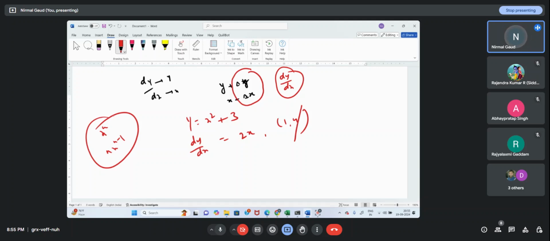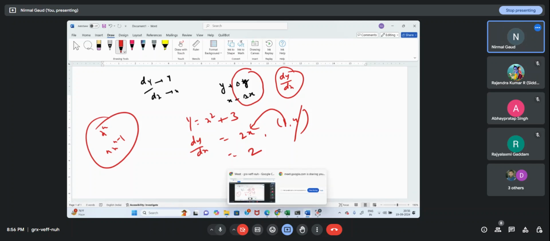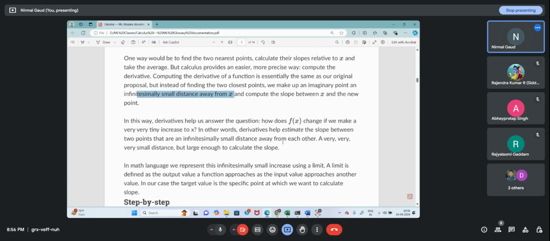Here I don't have any y coordinate present, so I have x equal to 1. I can put it here. So it's 2. You can see that again, yes, here it is.